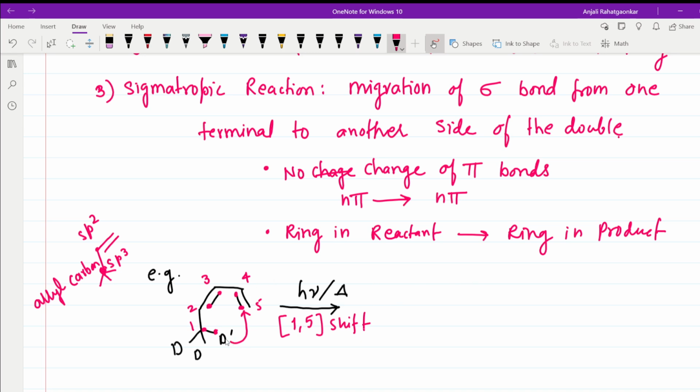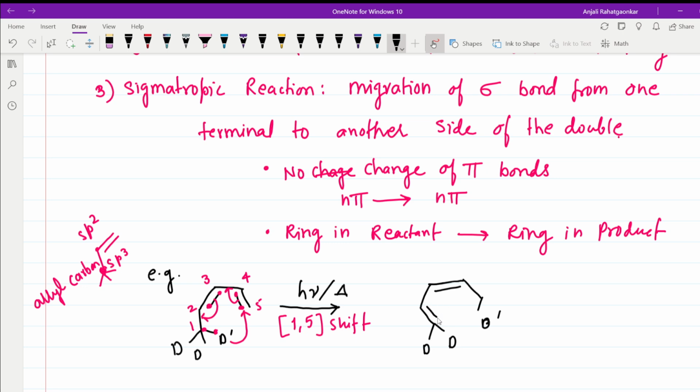Now as soon as this D moves to the 5 position, there will be a migration of electrons. Now let us draw the structure. So as D moved over there, D dash, and here there are 2 deuterated sites. So these electrons moved over here.